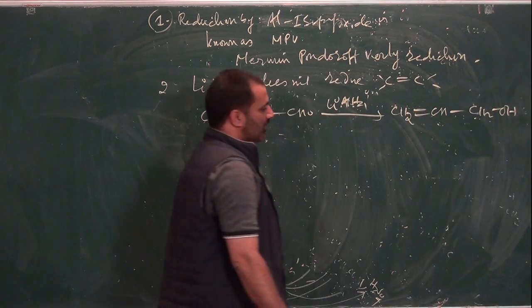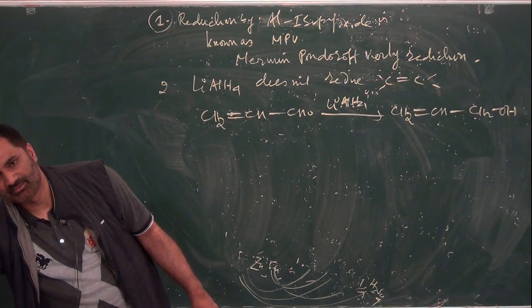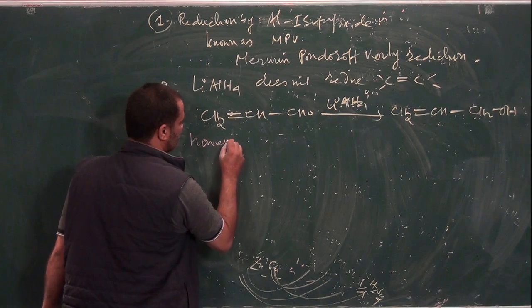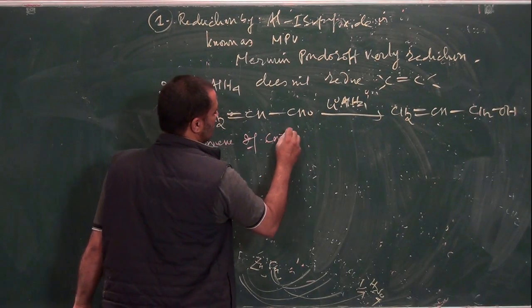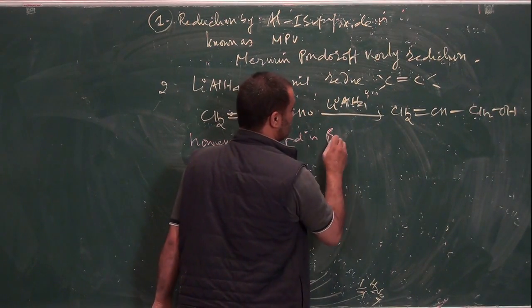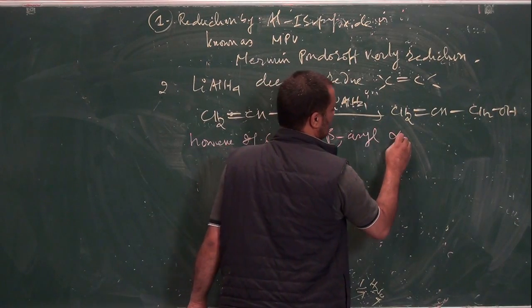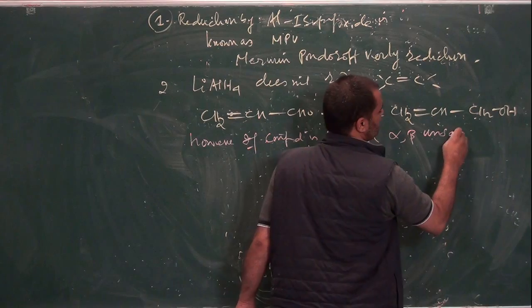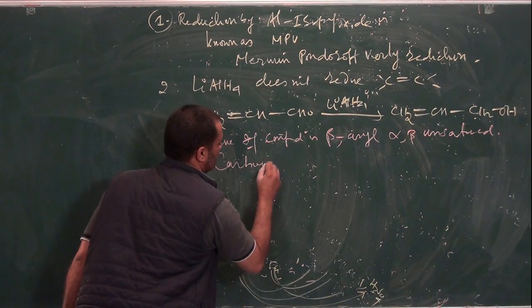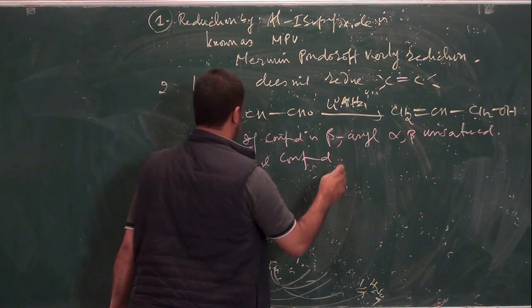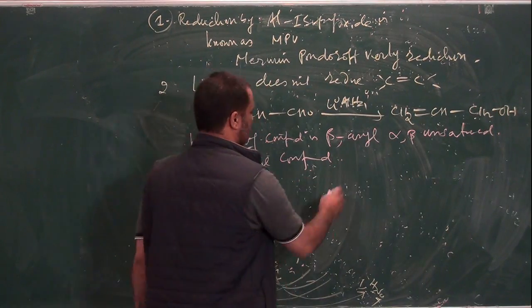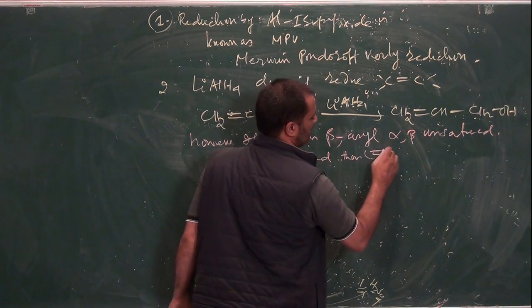So the carbonyl part is reduced but not the carbon-carbon double bond. However, if the compound is a beta-aryl alpha,beta-unsaturated carbonyl compound, then the double bond is reduced.